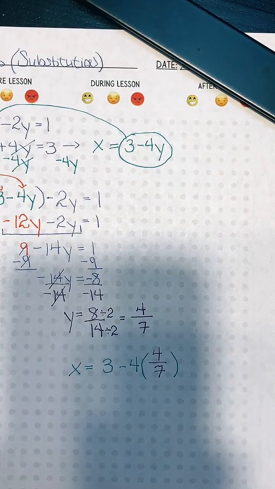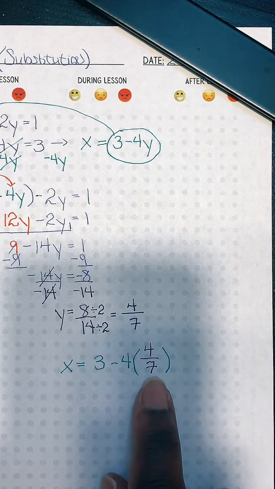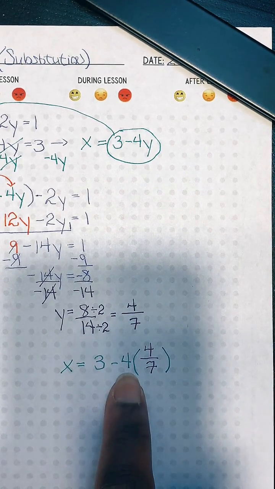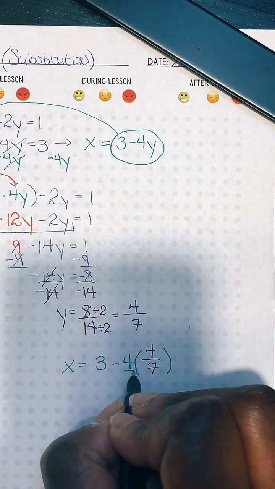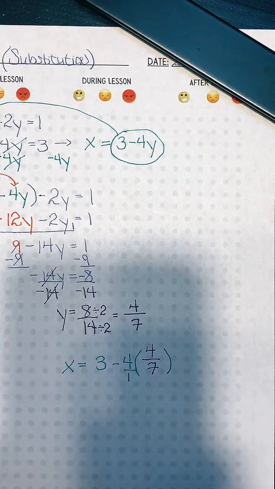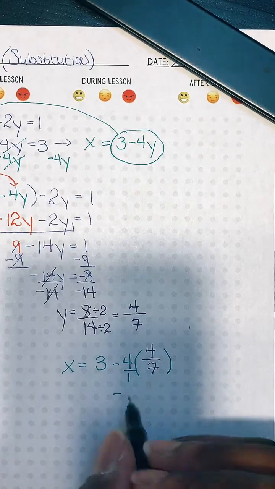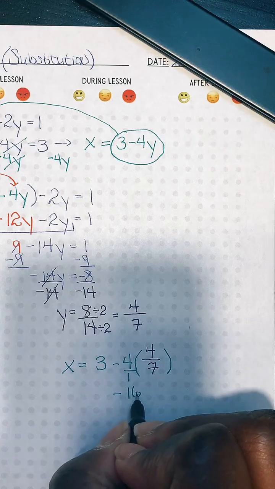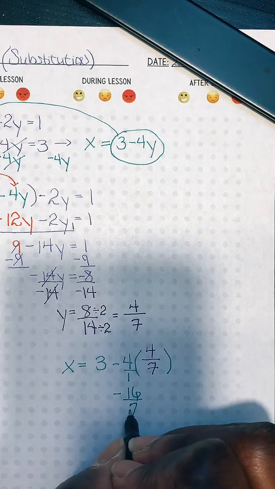Now we need to multiply. When you multiply a fraction with a whole number, the whole number is actually going to be over 1. So I got 4 times 4, which gives me 16. 1 times 7 gives me 7.